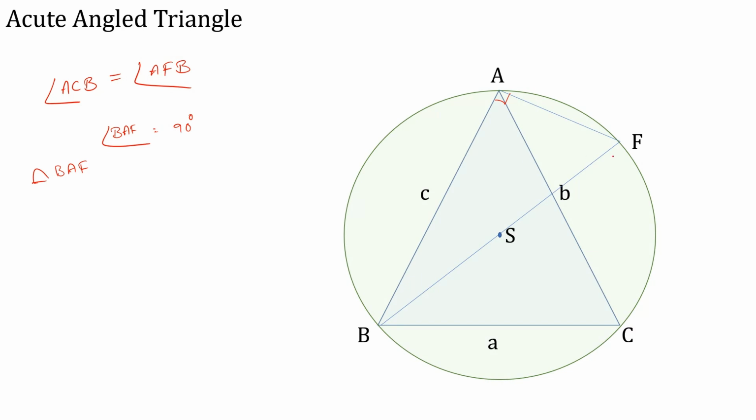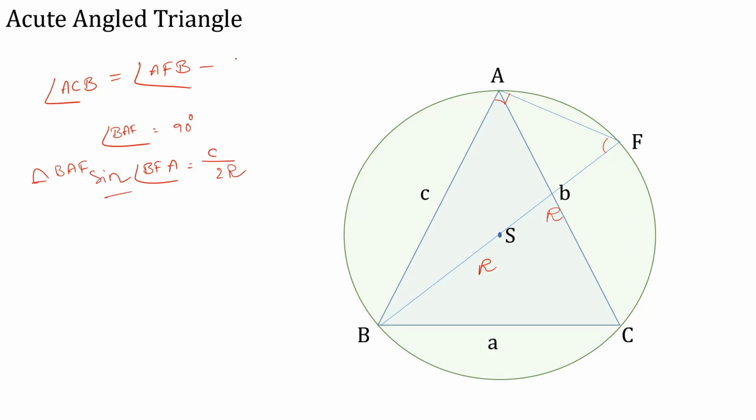In this triangle, for angle BFA, the opposite side is AB, which is nothing but small c here, and BF is BS plus SF. BS is again the circumradius, and SF is also the circumradius, so R plus R is 2R. This is the sine of the angle.